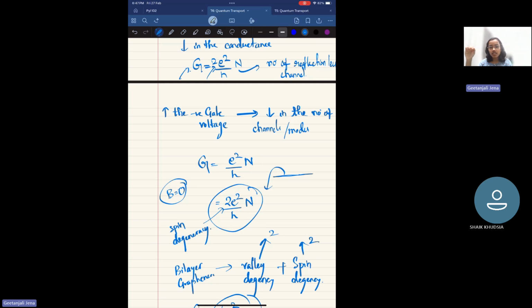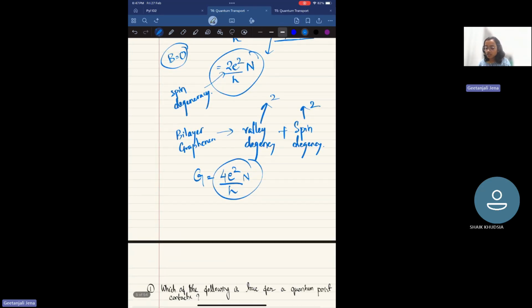It changes in a step-like manner because of the confinement effect. Because of the confinement, we see discrete energy levels along the y direction. So when we change the voltage, the conductance changes in a step-like manner. This is the overall effect of the gate voltage.